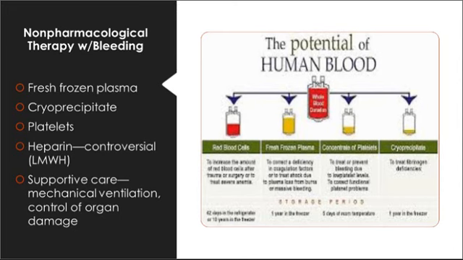So what do we do? Your goal is to restore the clotting factors and platelets and control or alleviate the organ damage. Part of organ damage is the blood clotting, clots going to it. Some is because of hypoperfusion, because of decreased volume.